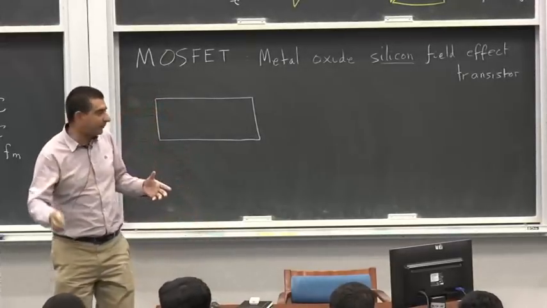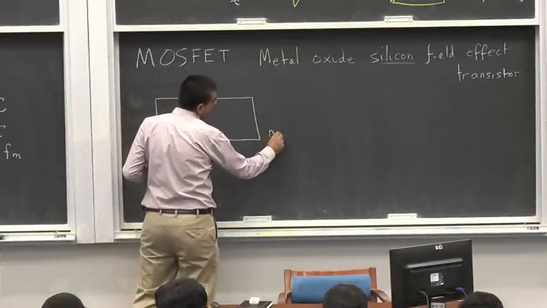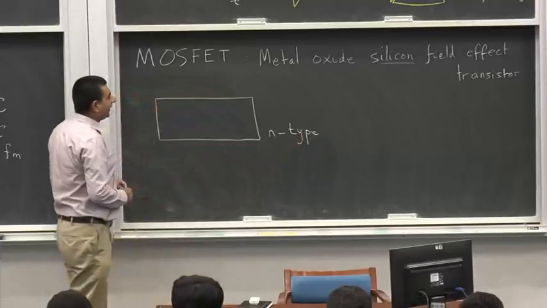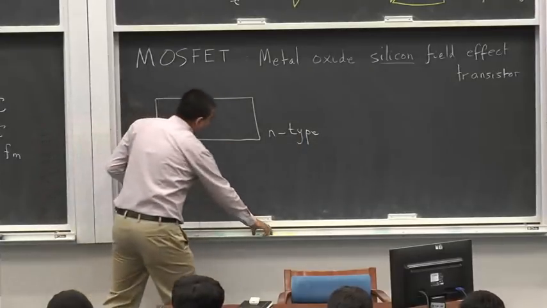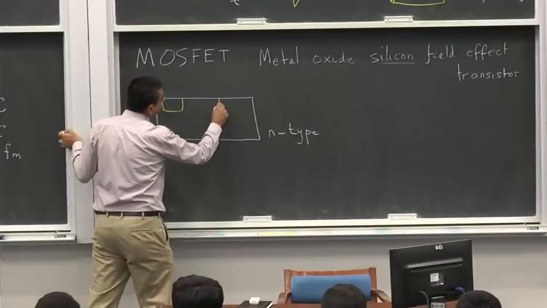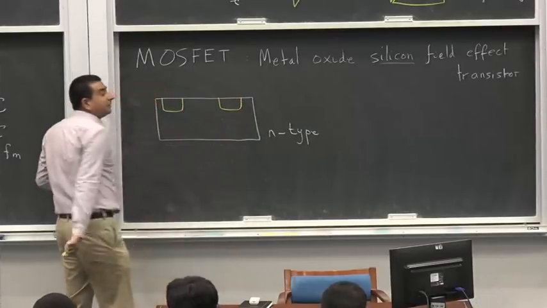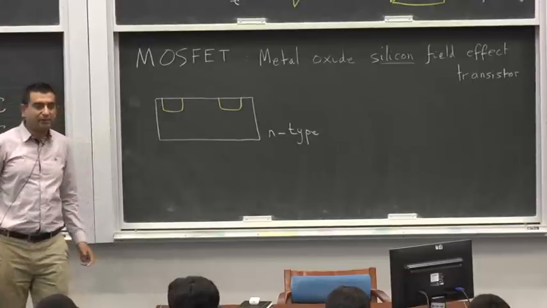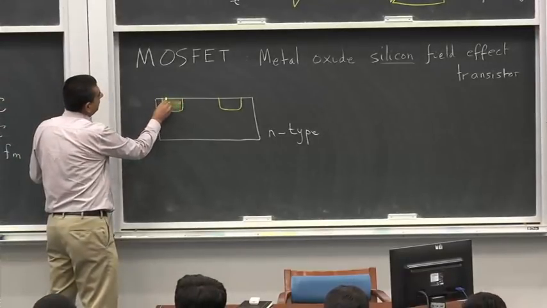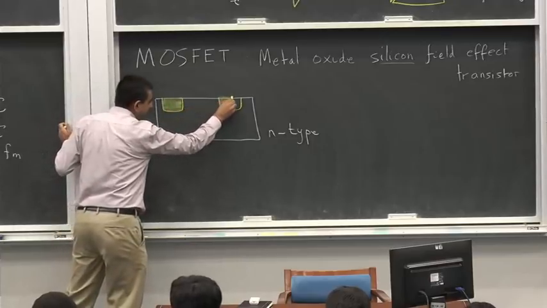We have an N-type semiconductor. And on this N-type semiconductor, we have regions of deposited metal. So this is a metallic region, and this is a metal.